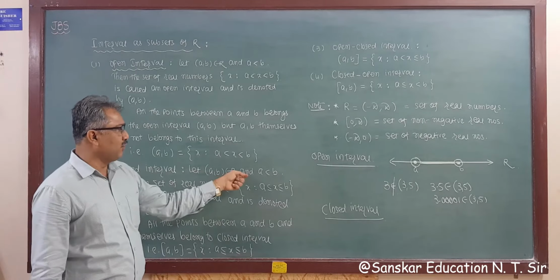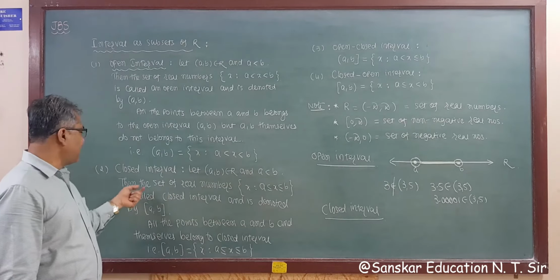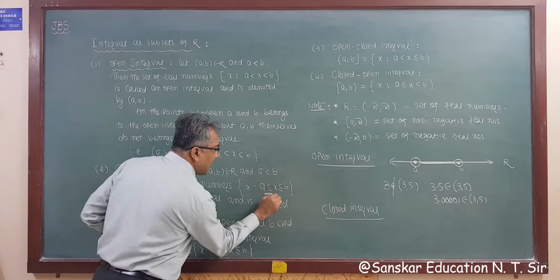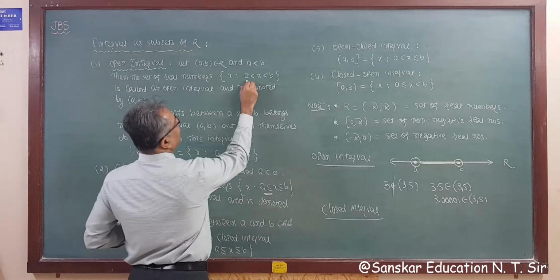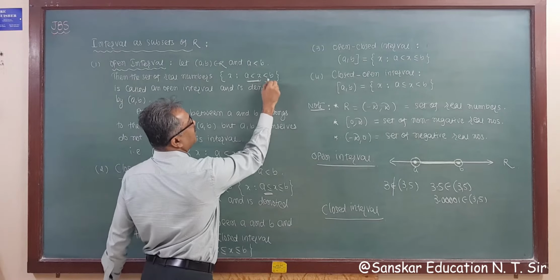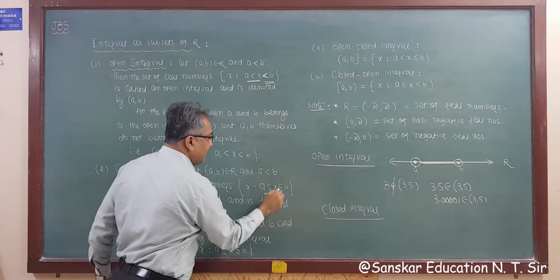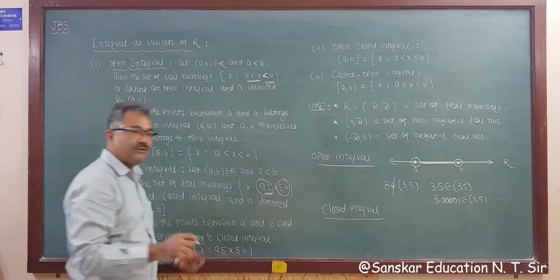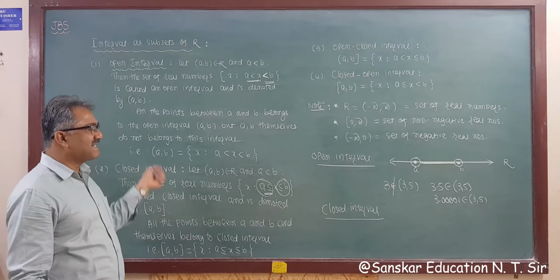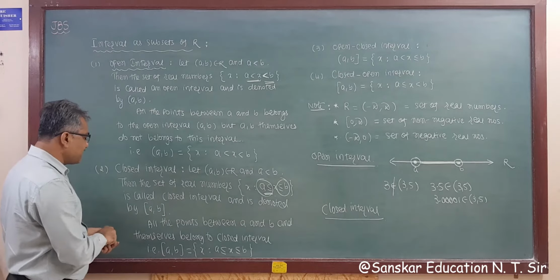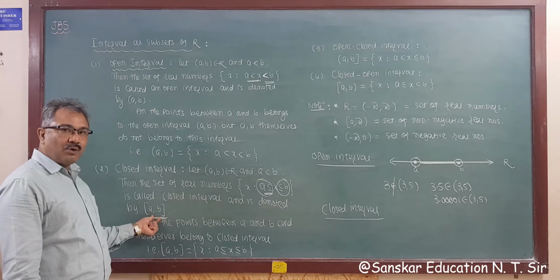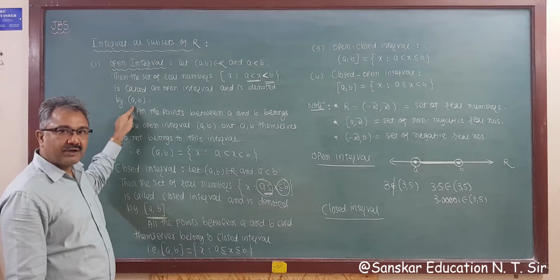So a, b belong to R, a is less than b, and then the set of all real numbers x such that a is less than or equal to x, less than or equal to b. Here you have to include a and b, whereas in the open interval it was only less than. If end points are included, then it is said to be a closed interval and is denoted by [a, b]. You have to read this as a closed interval [a, b] and this as an open interval (a, b).